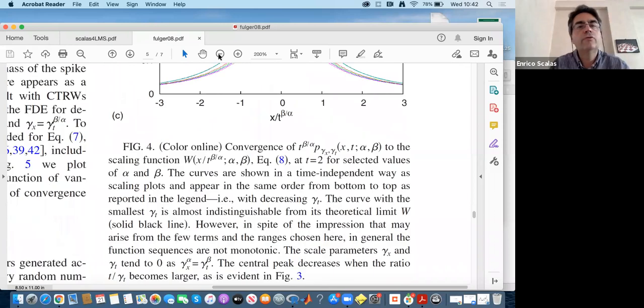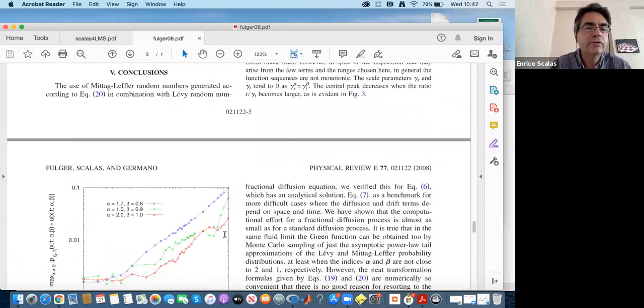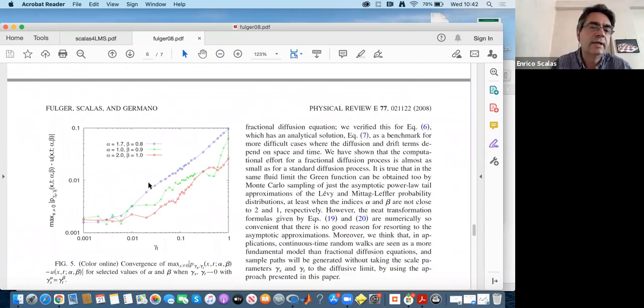And then, of course, as in all numerical analysis papers, we were studying the convergence to the exact solution of this method, so the Monte Carlo simulation, for different values of the parameters, and this is shown here.